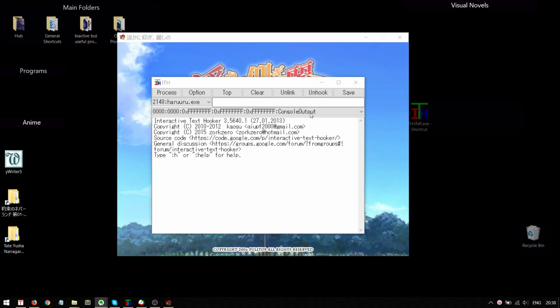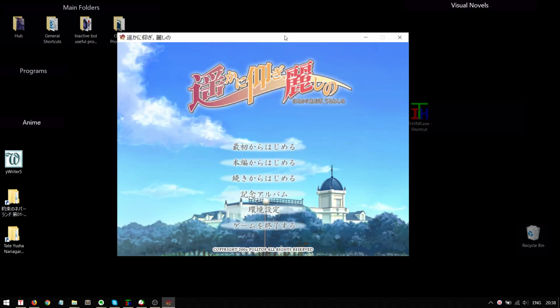However, for this particular game, I had to get a custom H code in order to hook the text, so you can get it to work. After you have your code, you can just copy it into this bar and press enter. And there's one thing you have to do later, but I'll do it in a minute.